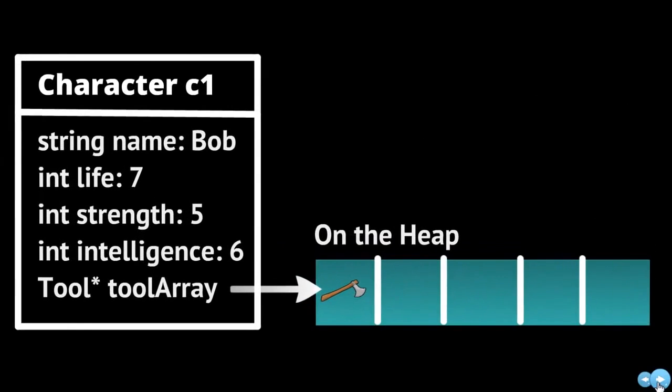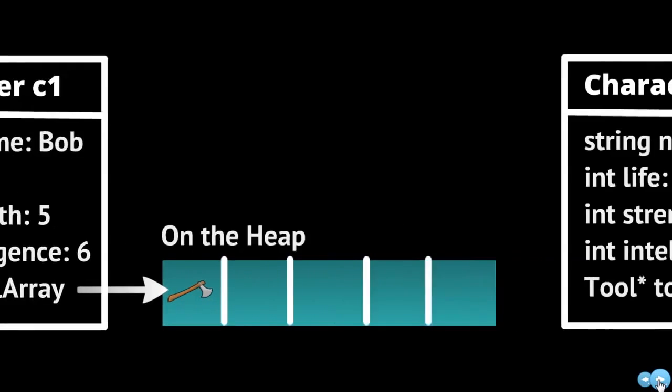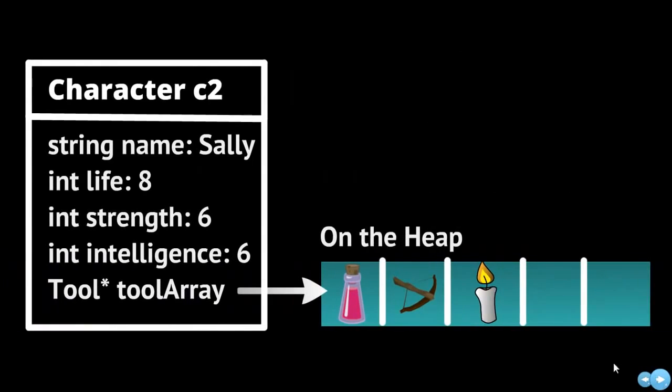With character C1, we'll imagine that this array is able to hold only 5 tools, so we have 5 elements here. But for right now, C1, Bob, only has an axe. Whereas C2, Sally, actually has 3 tools in her array: a potion, a crossbow, and a candle.